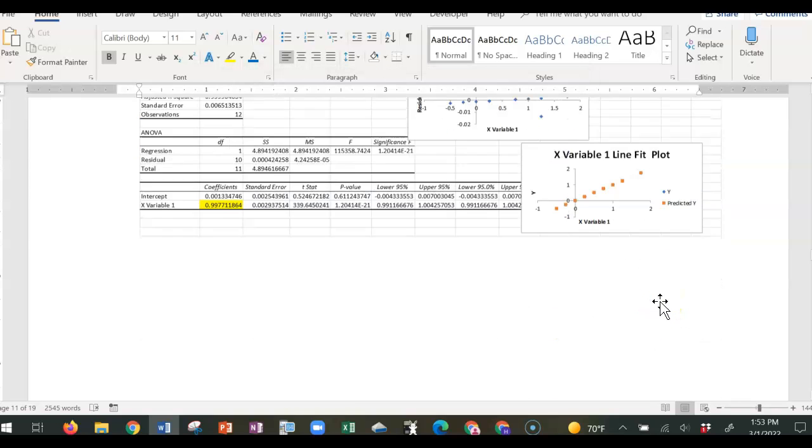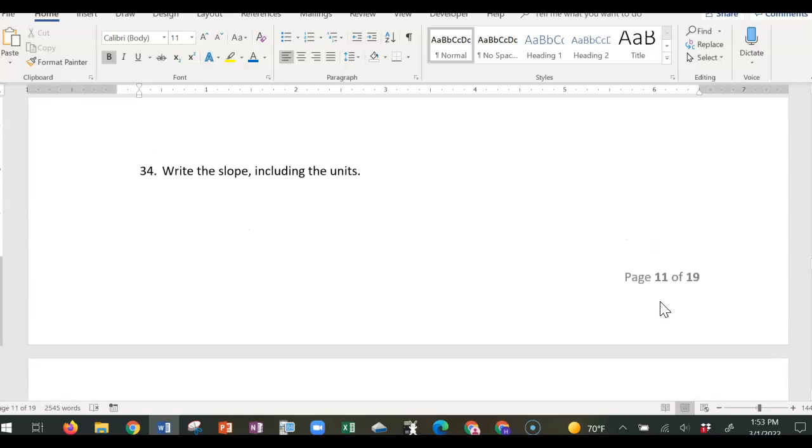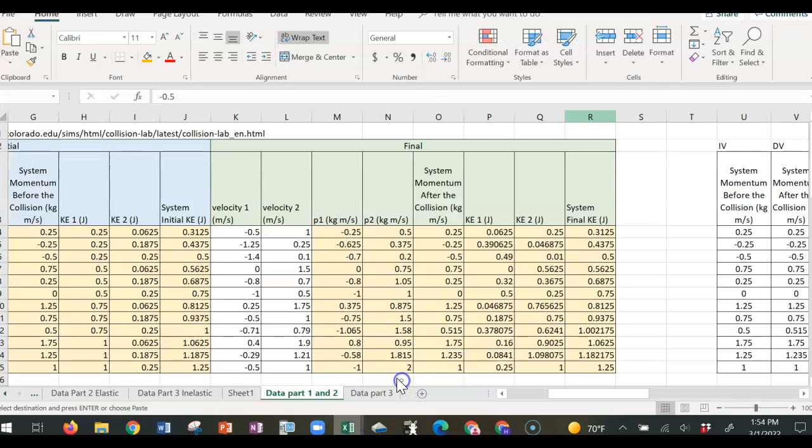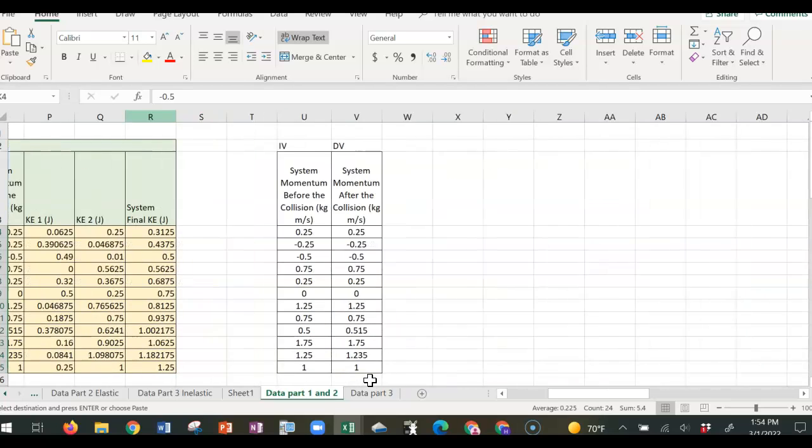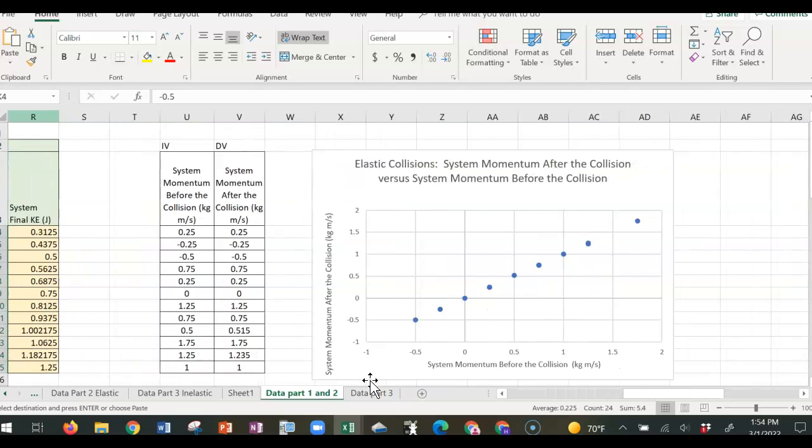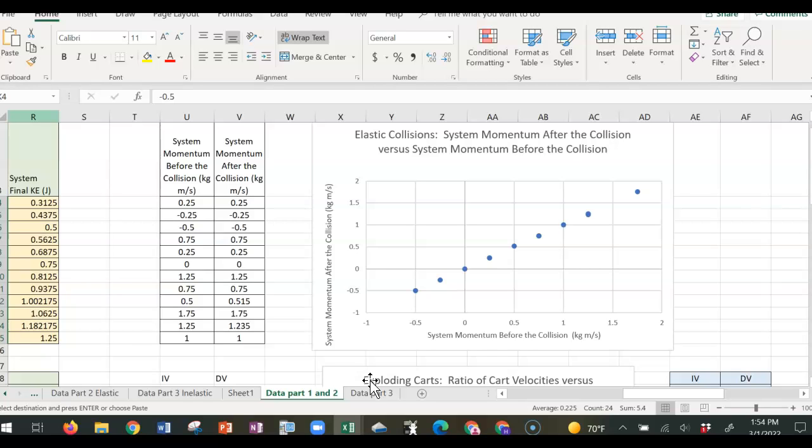Now that I have that slope, I remember that the value was 0.998, but let's think about what the units are. In that graph, I had momentum on the x-axis and also momentum on the y-axis.